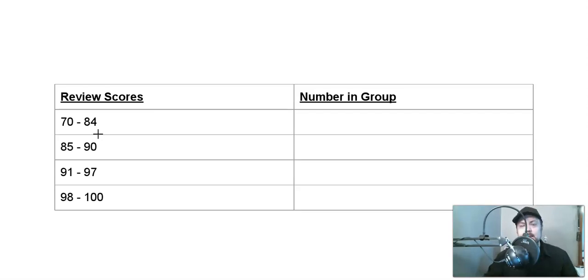You might think that's a good idea, but everything I just said is a bad idea. It's going to distort the distribution of the data. We want to have a realistic sense of how the data is distributed. And if it is skewed more to the 100s, we want to be able to see that in our data. And if we set up the groups so that we get an even number in each group, we don't get to see that skewness.